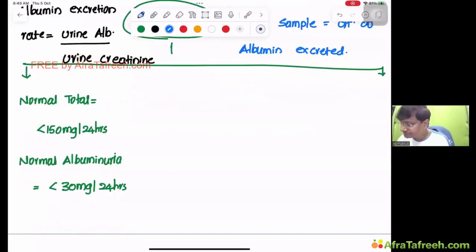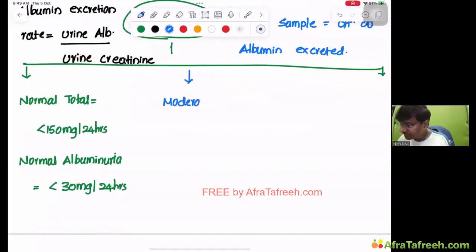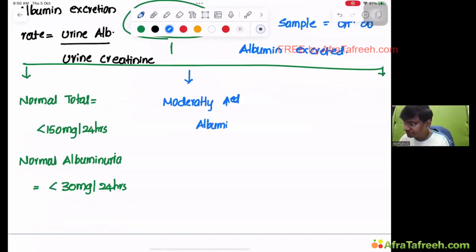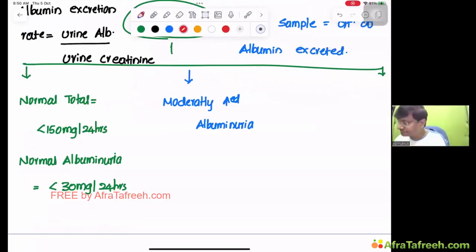Moderately increased albuminuria, and the other one is severely increased albuminuria.